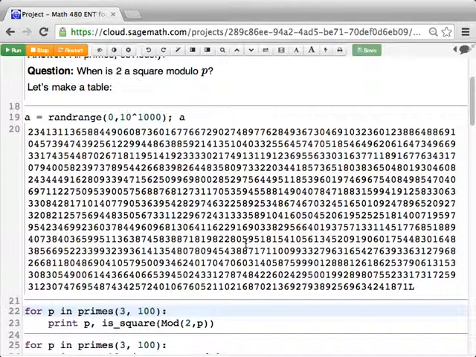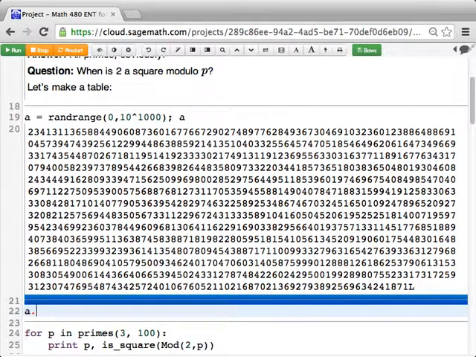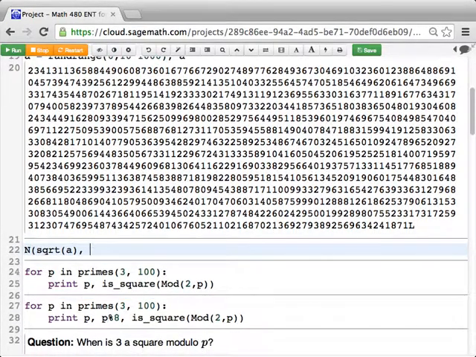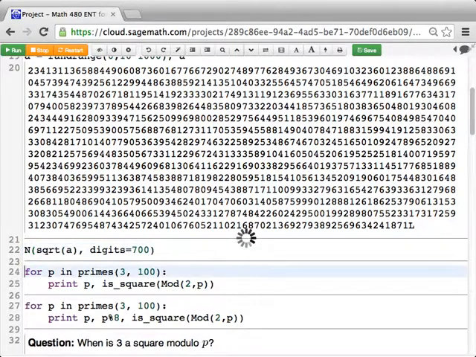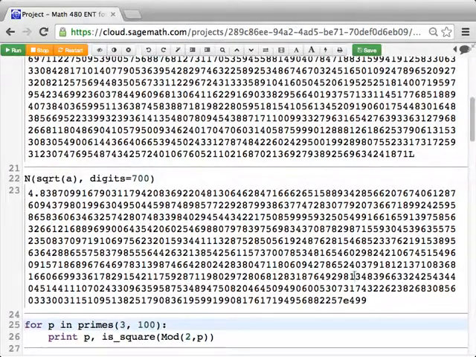And of course, it's highly unlikely that this number that I made up at random is a perfect square. So let's get a numerical approximation to that thing, with digits equal to 700.